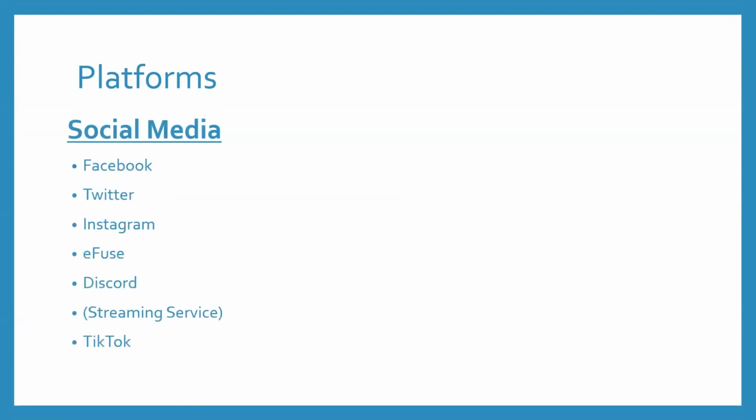Then we have social media, a huge part of esports at all levels of play. Social media is how we connect with each other. It's how we share what each team is up to. A lot of the high school and college teams out there have Facebook or Twitter accounts. They're sharing things on Instagram and eFuse. Discord is a huge tool for esports.